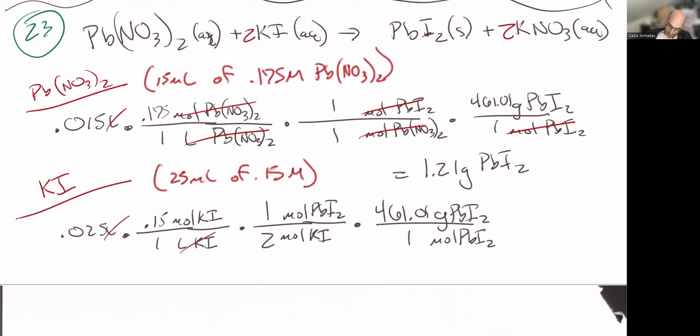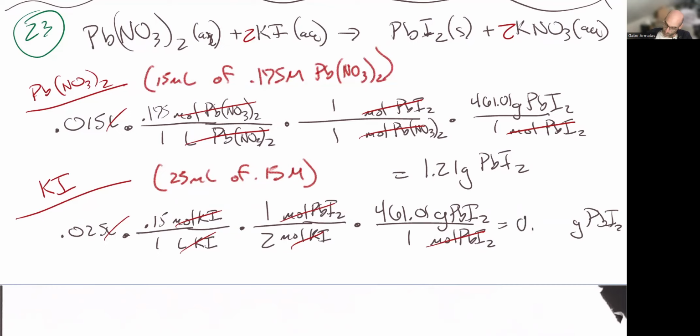So liters cancel, moles of potassium iodide, moles of lead iodide cancel, and we are left with grams of PbI2, as we should be. And so now we just do the math. So 0.025 times 0.15, enter, divided by 2, enter, times 461.01, enter.